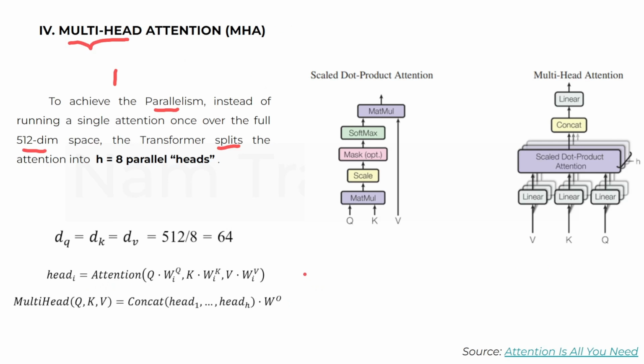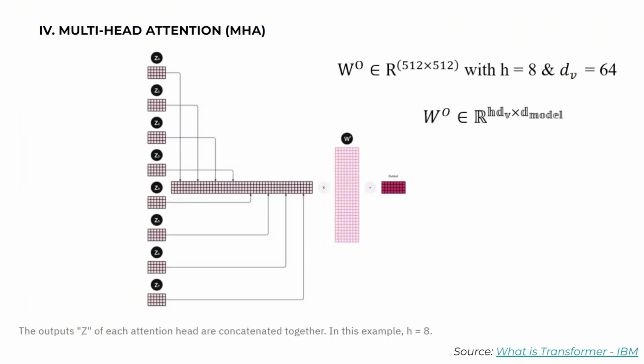So here are the math equations of the multi-head attention. Basically, instead of running all the 512 dimension space into just one head, they split the attention into multiple heads, and at the end, it will concat the h number of heads and multiply with the output weight.